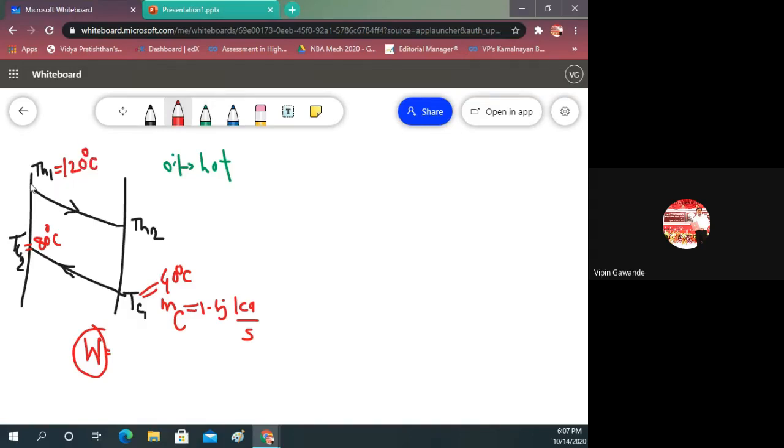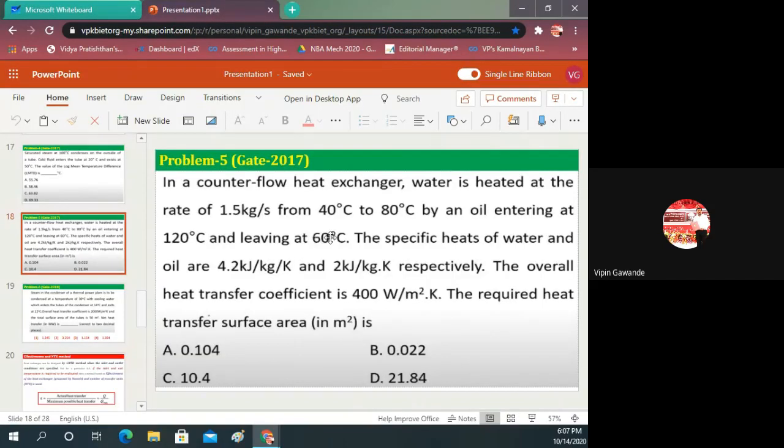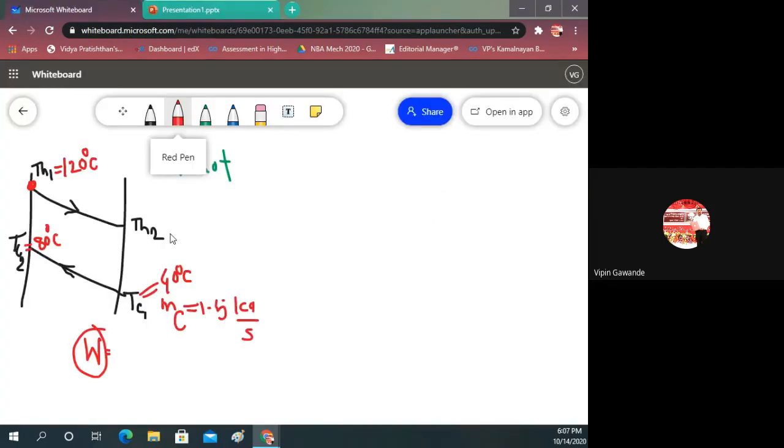Oil will enter from here. We have to be very clear. And leaving at 60 degrees Celsius, its temperature drops after giving the heat to the water.